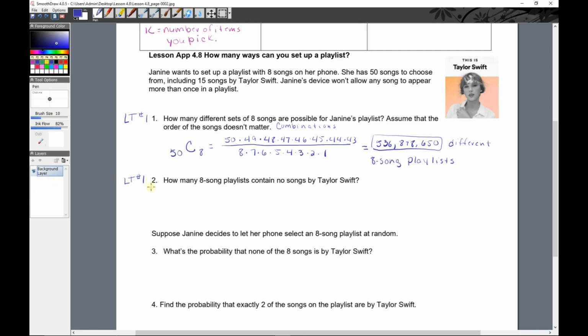Well, there are 15 songs on the device by Taylor Swift. I'm just going to abbreviate to save the writing. So there are 50 minus those 15, because we can't use those, equals 35 songs that are not by Taylor Swift.